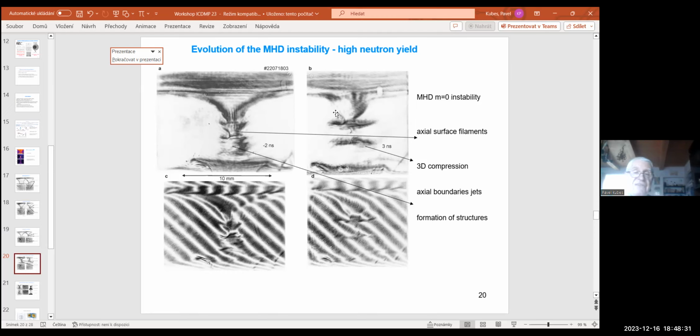And later, after 5 nanoseconds, we see explosion during hot X-ray neutron production, radial explosion of the plasma. We see that this explosion is connected with the localities where we observe ejection of the plasma out from the pinch.